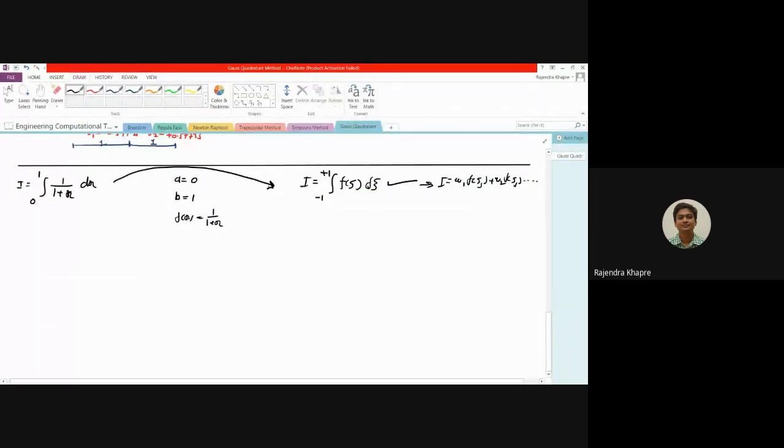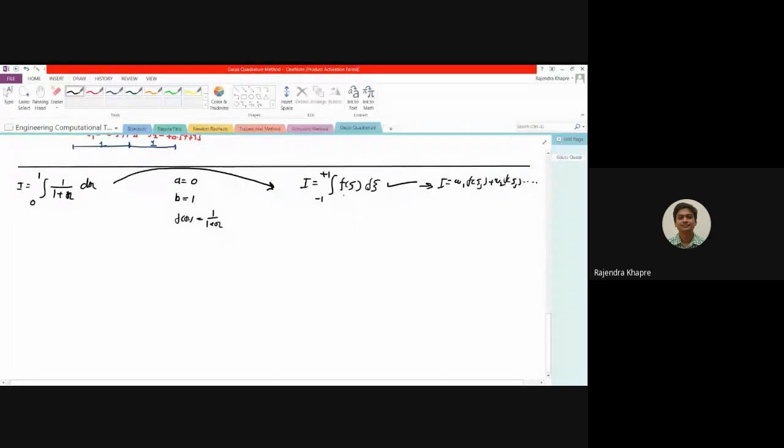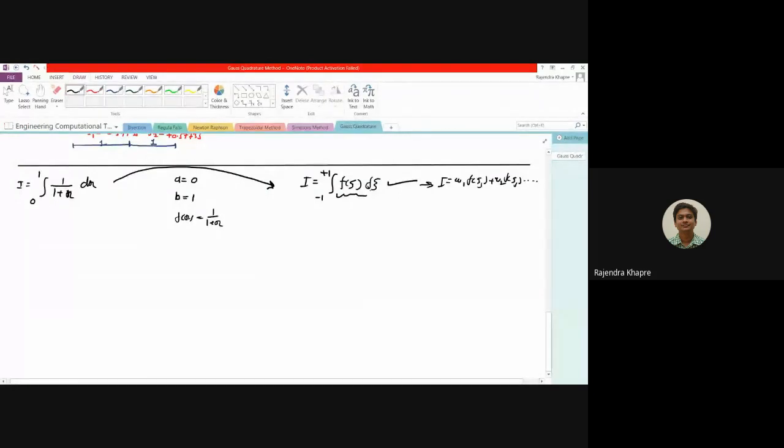The first difference is that the lower and upper limits can be anything, whereas in the Gauss quadrature method, the lower limit and upper limit are fixed as -1 and +1. And here we have x, which is 1 upon 1 plus x. It can be a second degree, a third degree, any kind of degree. It can be logarithmic, it can be a trigonometric function, it can be anything.